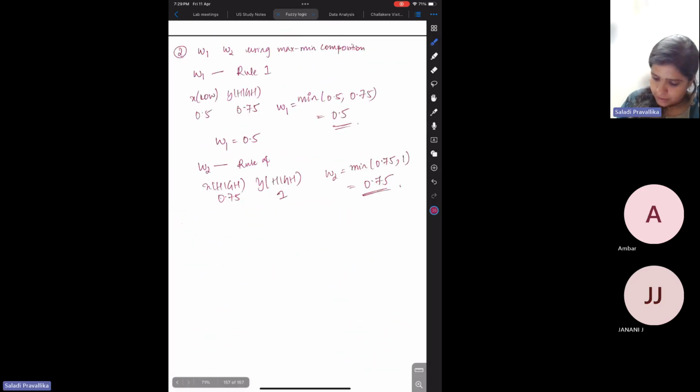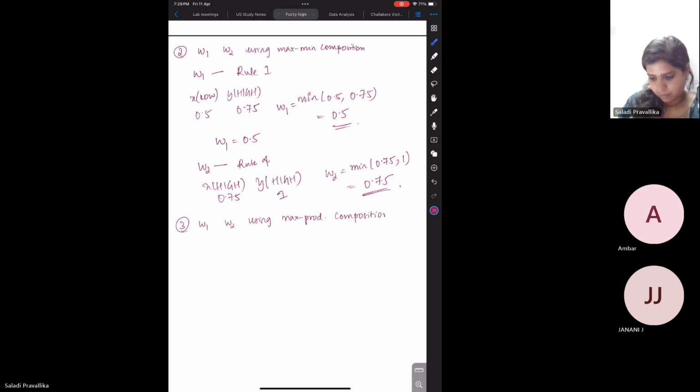Okay. For the same thing, find W1 and W2 using max product composition. What is W1? What is W2?